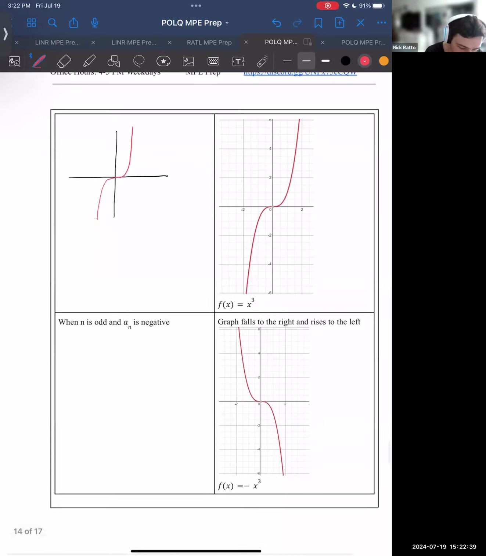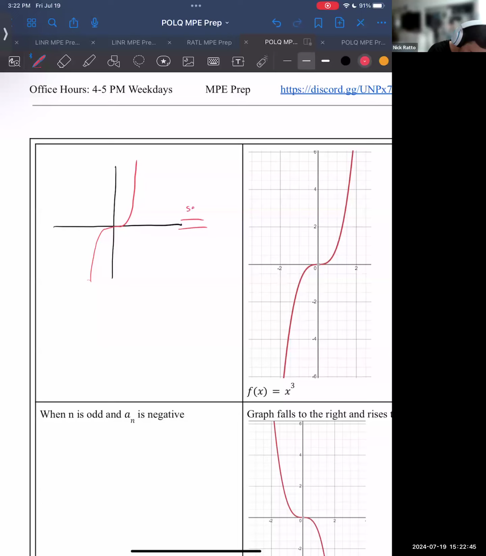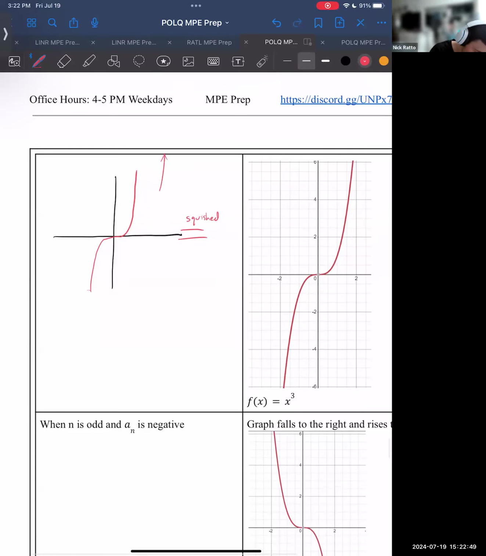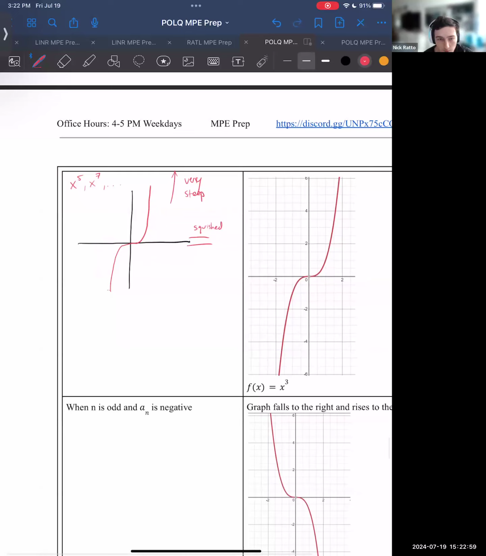But you see this area very squished and this very steep as x to the 5th, x to the 7th, and so on. So that is going to be the main difference as we increase the power in these graphs.